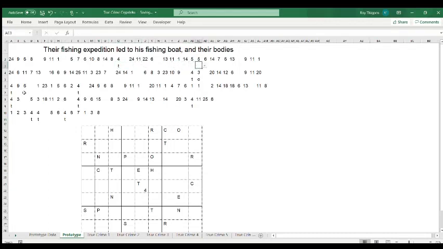So that's a pretty safe assumption that all the 3s in here are going to be the letter O. So we'll go through and find all the 3s and go ahead and put those in here. There's another one.